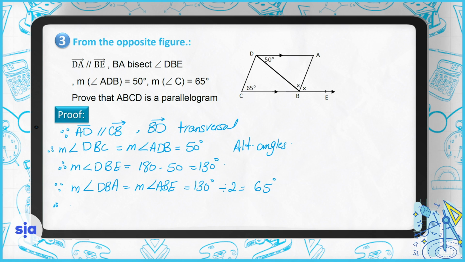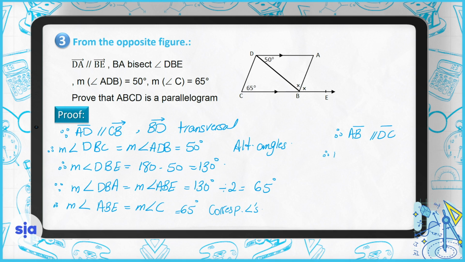Therefore, the measure of angle ABE is equal to the measure of angle C equal to 65 degrees as they are corresponding angles. Therefore, AB is parallel to DC.